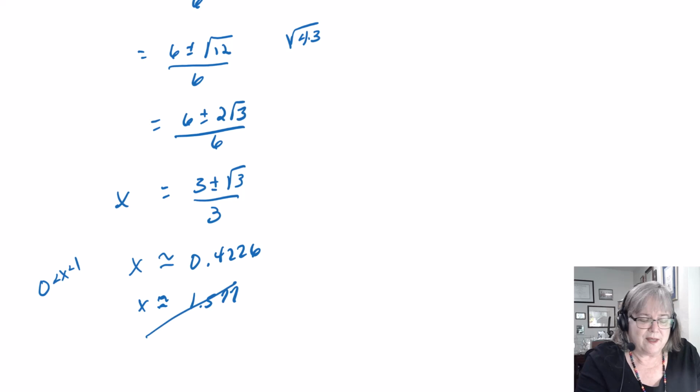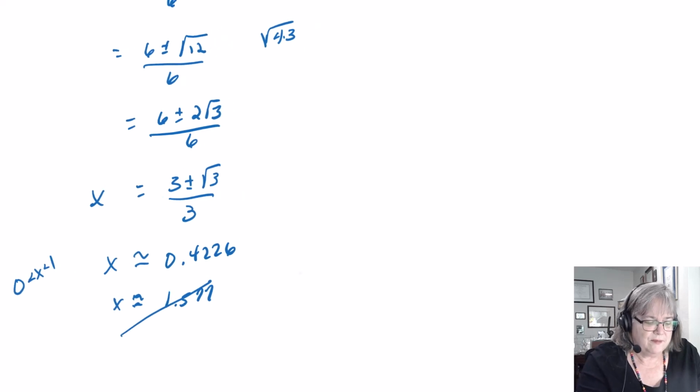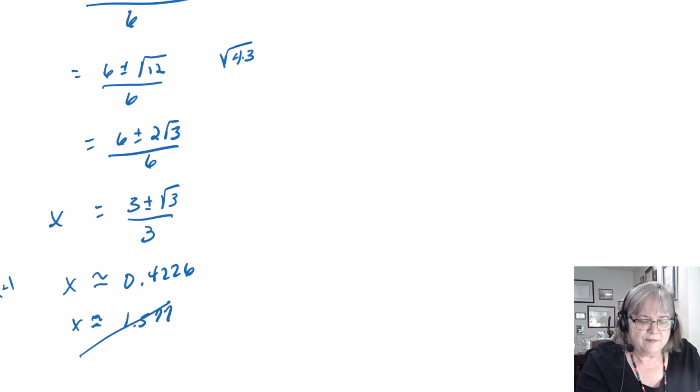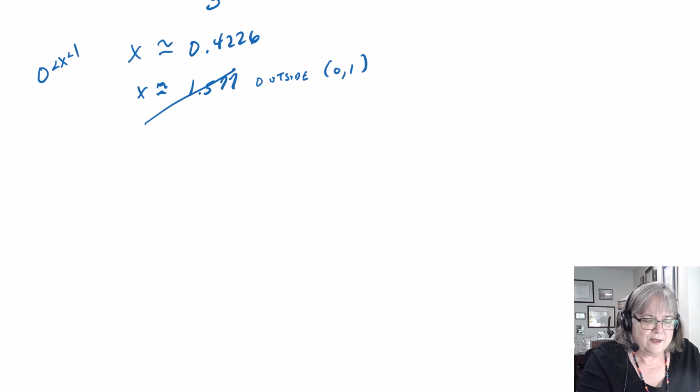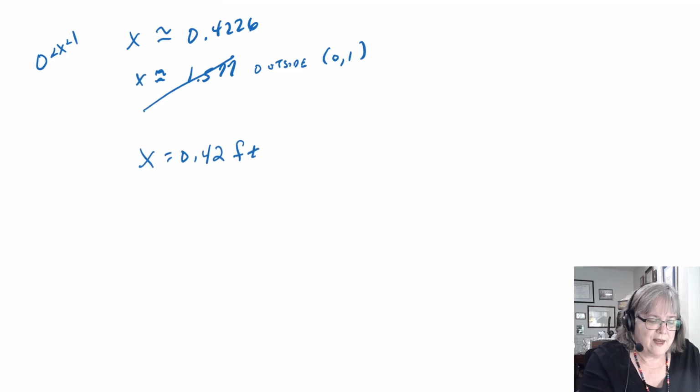So this one is outside of our interval. So then let's just round it off to 2 decimal places. I'm not even sure that if I had a piece of cardboard, I could be that exact, but we're going to round it off to 2, right?